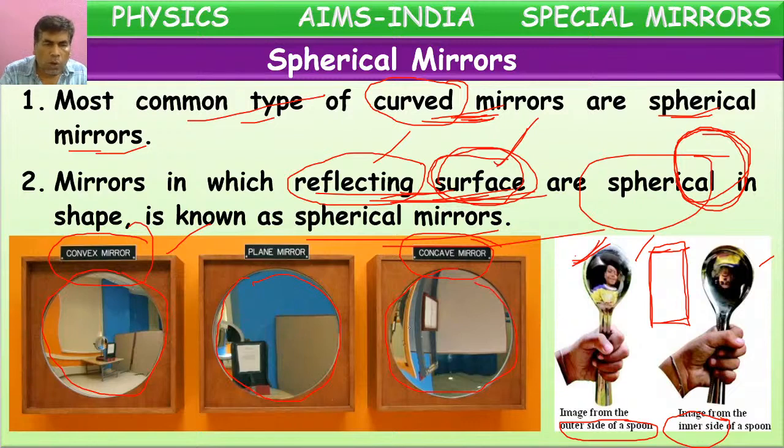From this, we can tell that the reflecting surface does not depend on the shape. The plane mirror is in circle shape, but we cannot call it a spherical mirror because of its shape. To call it a spherical mirror, we have to see its surface.